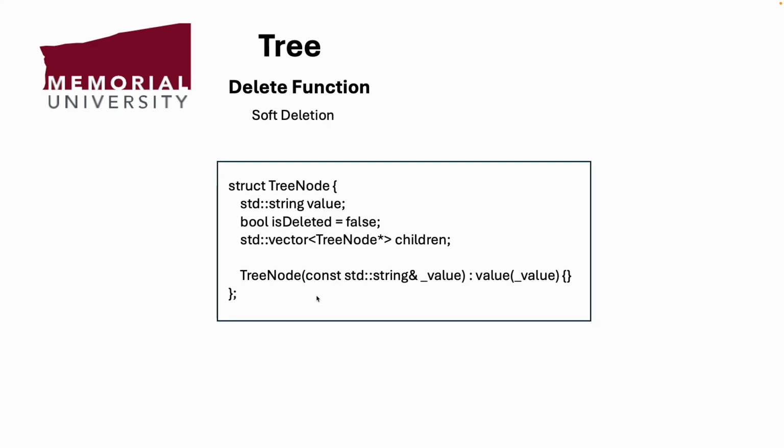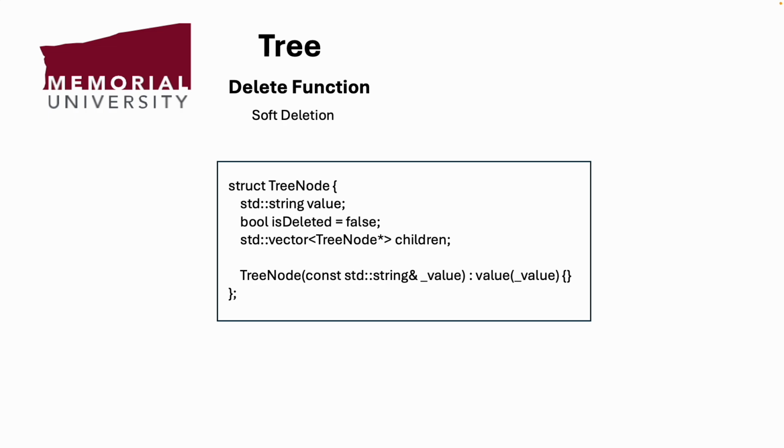Here's the code. We modify the tree node structure with the Boolean variable isDeleted. The default is false. If you want to delete it, you change the isDeleted Boolean variable to true, so it won't show up to the user.